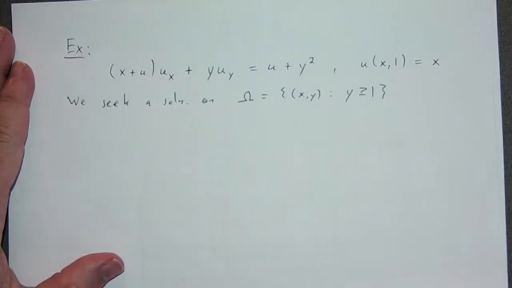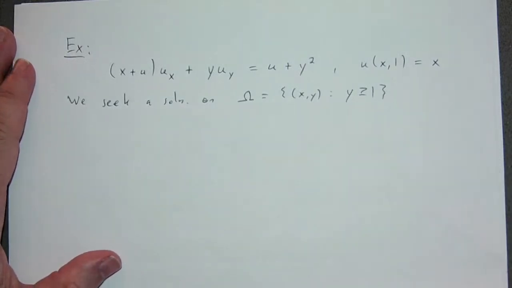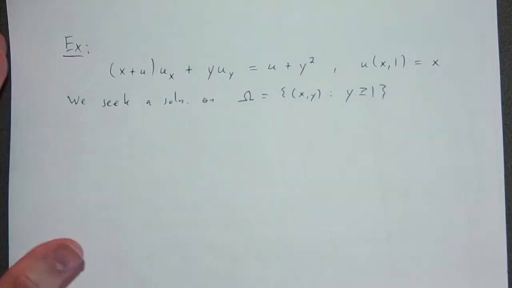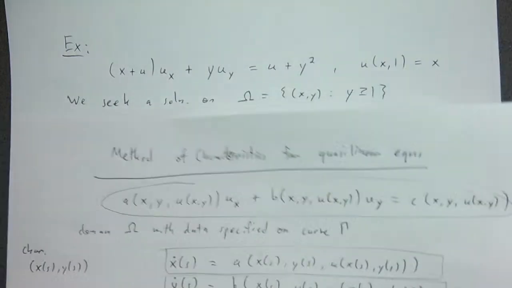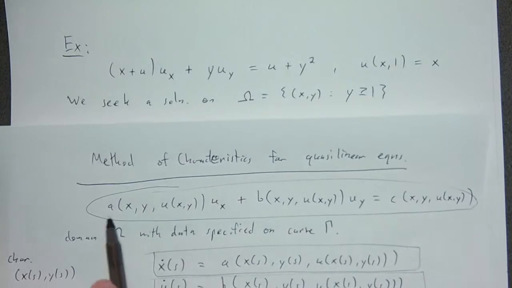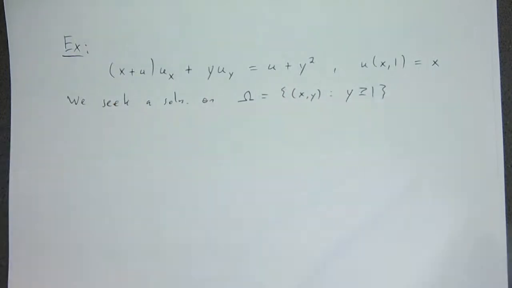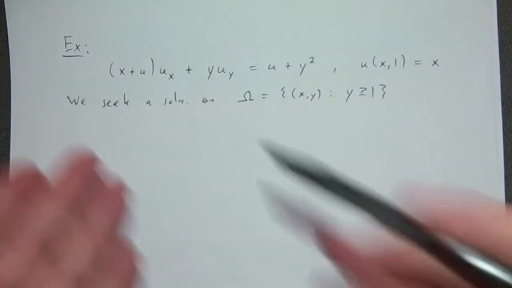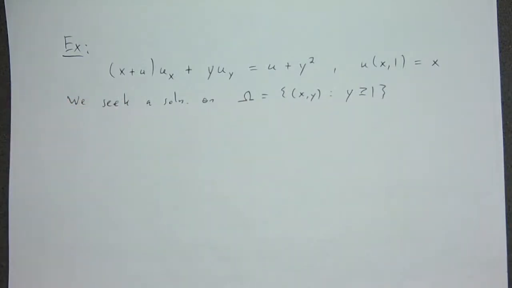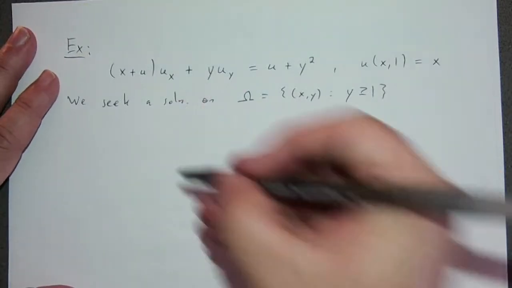Okay, so we seek a solution on this specified domain. So this is definitely quasi-linear. What are my a, b, and c? So a here is x plus u, b is y, and c is u plus y squared. If it wasn't already given to you in this form, you should put it in that form, but I trust your algebra skills. I'm not going to try to trick you too much as far as that goes.